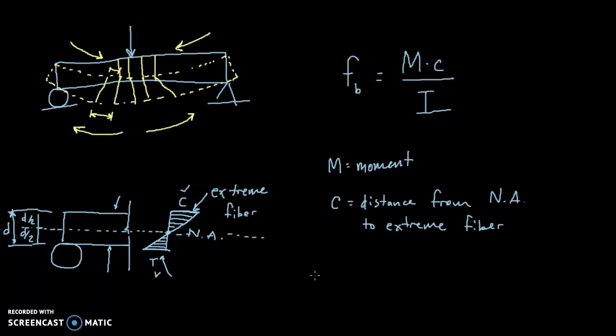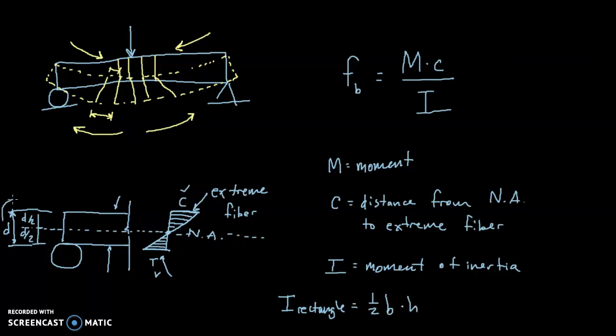And then we have I. I is the moment of inertia. And again, at least initially, we're going to be looking at rectangular cross-sections. And so I for a rectangle is equal to 1/12 base times height cubed.